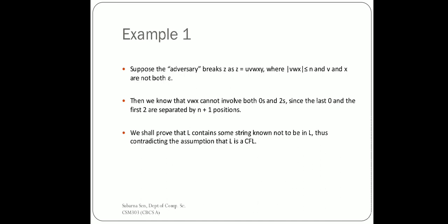So between the last 0 and the first 2 there are n plus 1 positions, and we are saying that vwx should be less than or equal to n. So how is this possible?